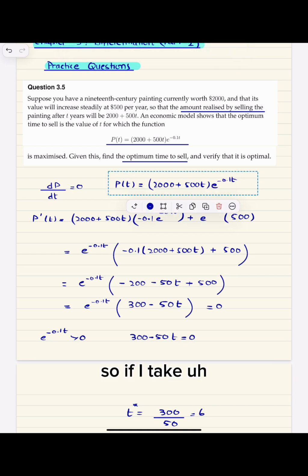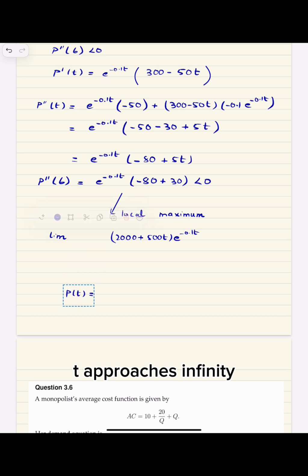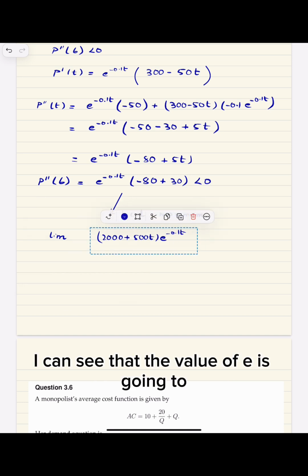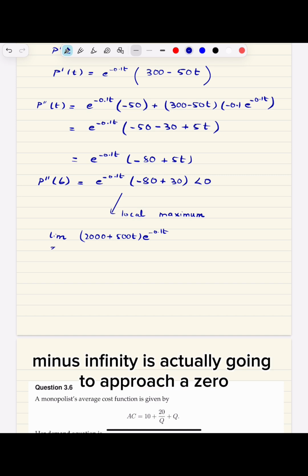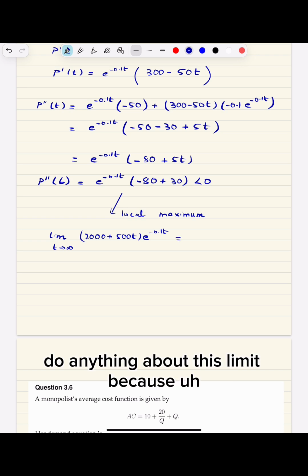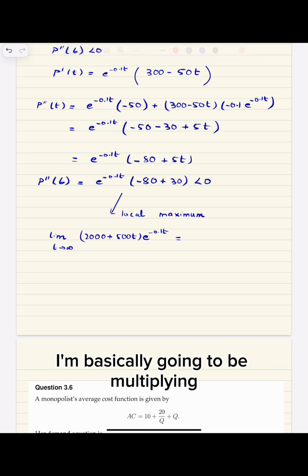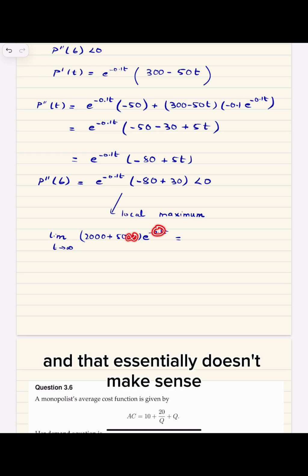If I take the limiting behavior of this function as t approaches infinity, I can see that the value of e to the minus 0.1t is actually going to approach 0. However, again, we can't actually do anything about this limit because I am basically going to be multiplying infinity with 0, and that essentially doesn't make sense.